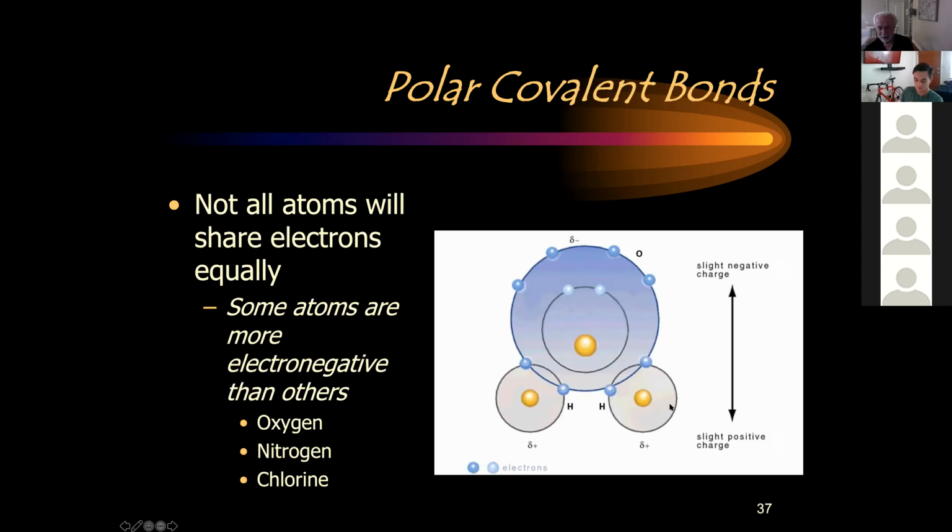Now, these charges are very small, very slight, but they're significant. So in biological systems, the ones that tend to be electronegative are oxygen, nitrogen, and chlorine.